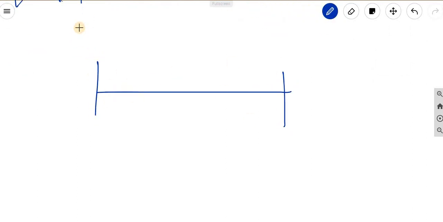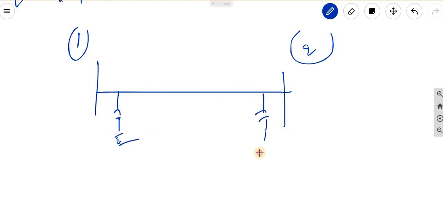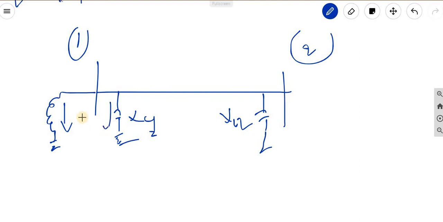Suppose this is bus 1, this is bus 2. Here simply a capacitance will form at each end. This is also a shunt element, near to this bus. For the generator also it is the same.